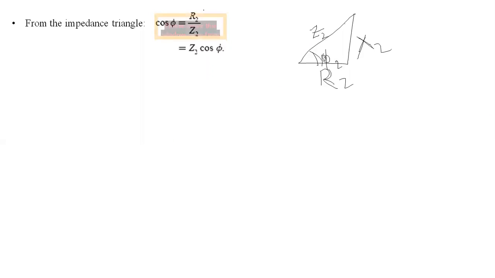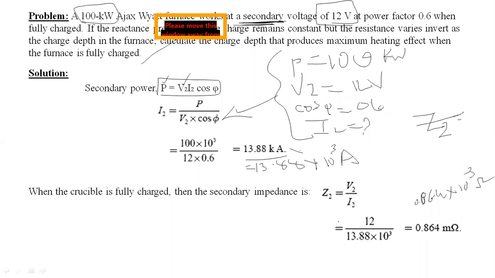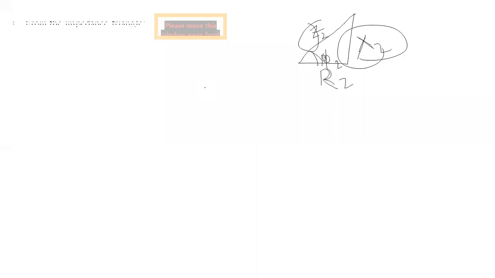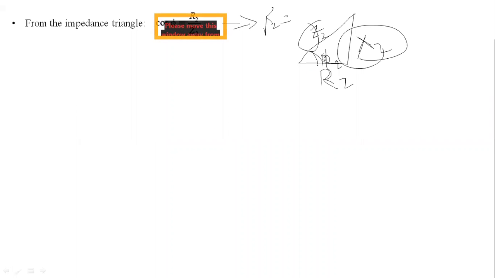We don't have any value of the resistance, we have calculated only the impedance value Z2 in the earlier step. From this question, we are not given any values of the resistance and reactance of the transformer, so we calculate from the impedance triangle. From this equation, R2 is equal to Z2 into cos phi.